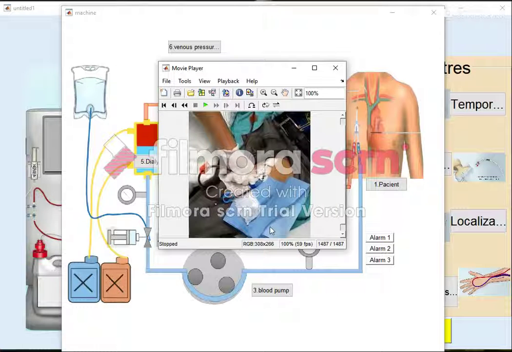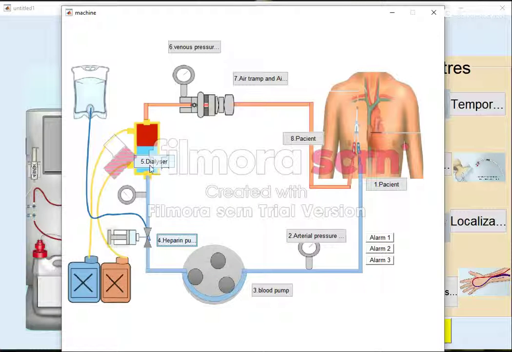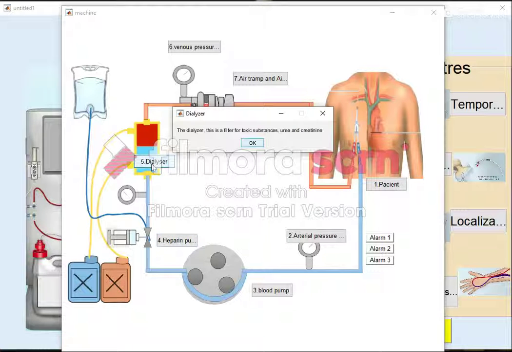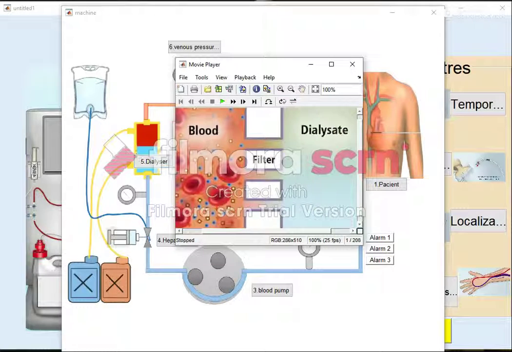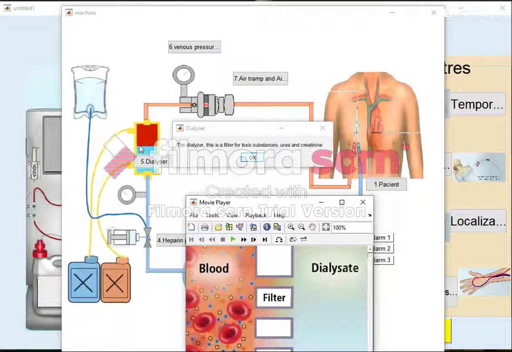Okay. The next part is the dialyzer. The dialyzer contains blood, and in this part we can see a little membrane to filter the toxic substances urea and creatinine.